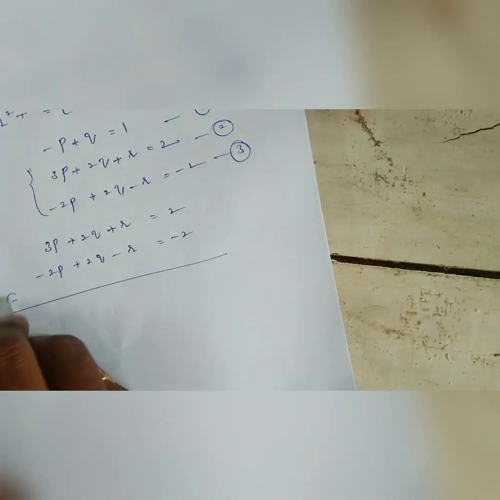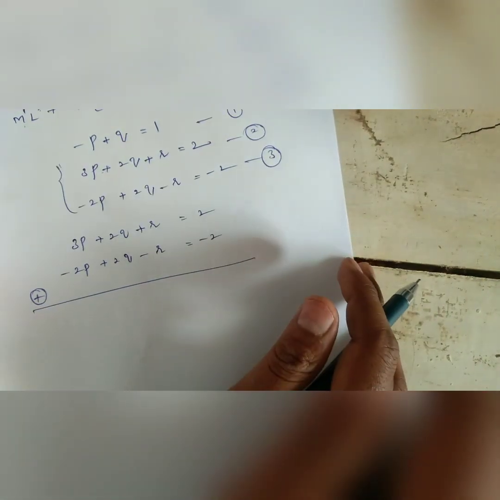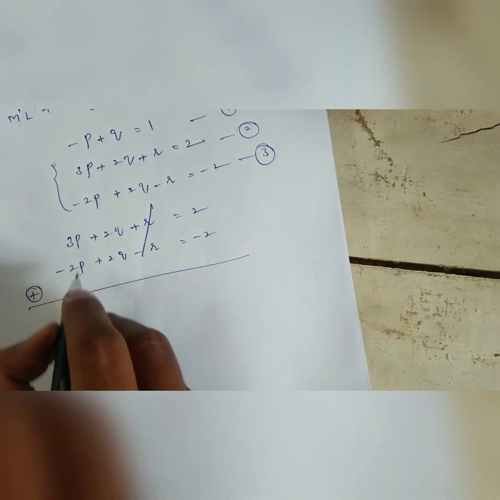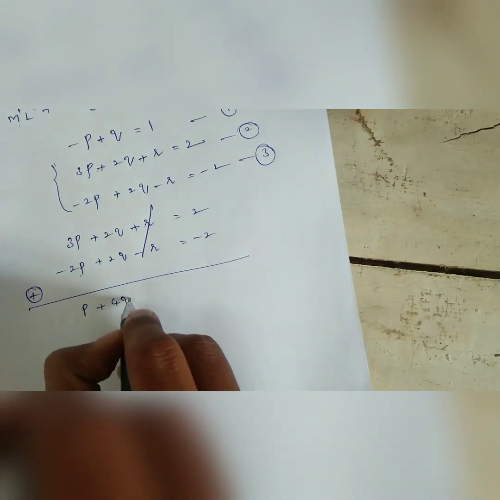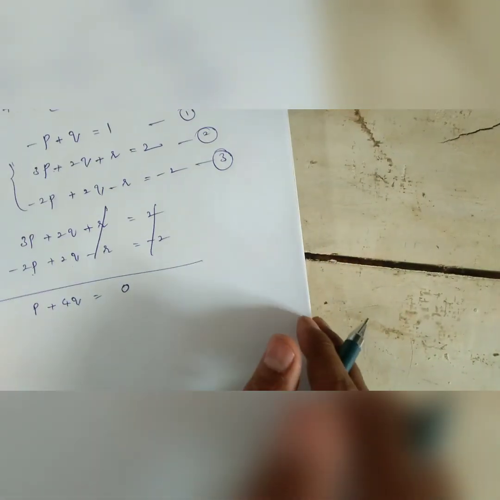If you add these two, plus R minus R get cancelled. 3P minus 2P is P, 2Q plus 2Q is 4Q, and the value equals 0.